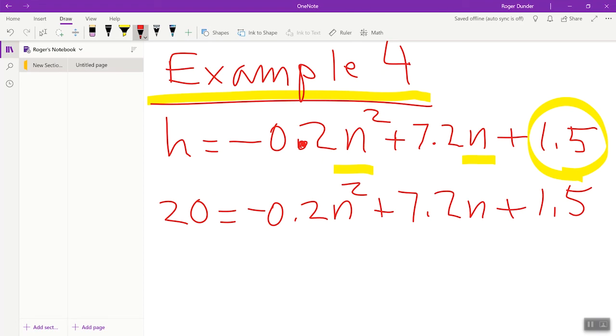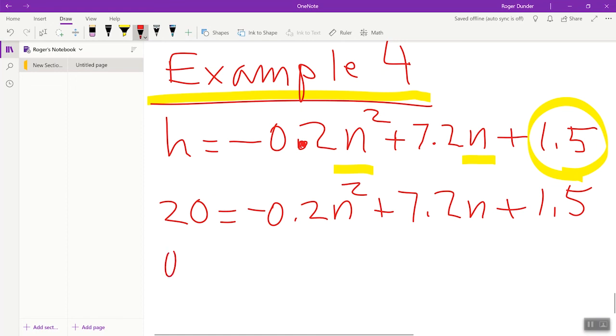When does this thing equal 20? After how many years? Solve for n. So what we do, we get everything on one side of the equation. Just because I would rather that a was not a negative number, although it really doesn't matter, I'm going to take everything to the left side of the equation.